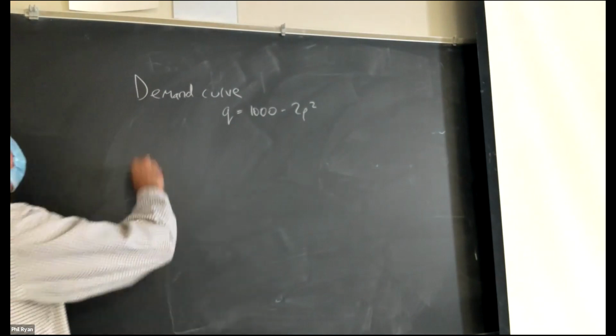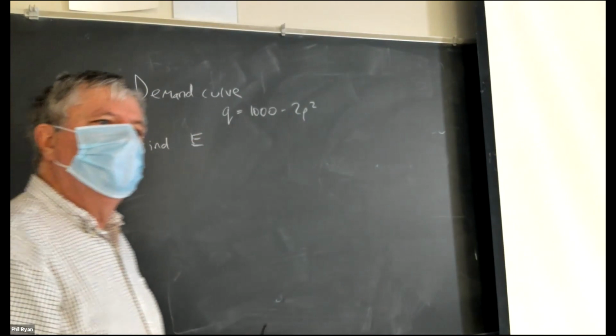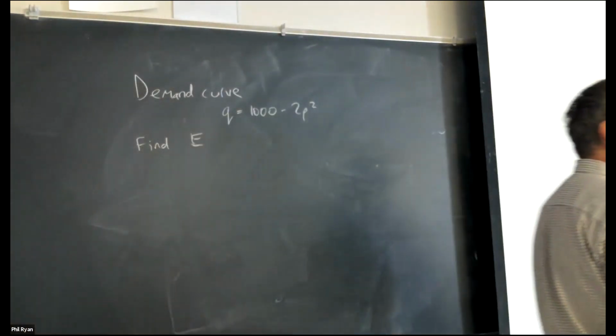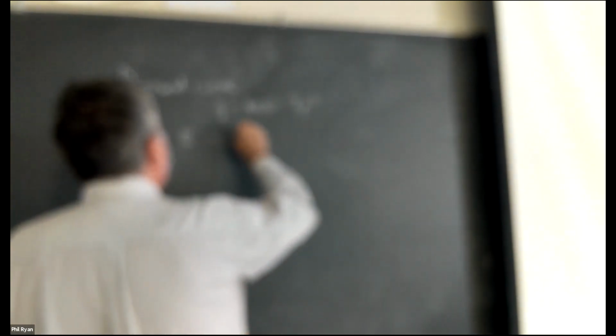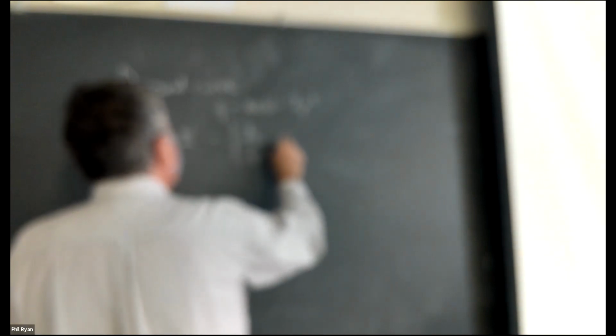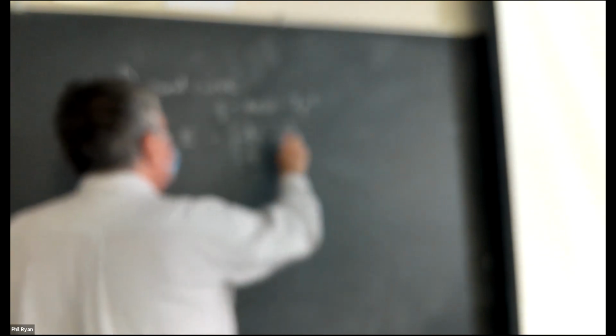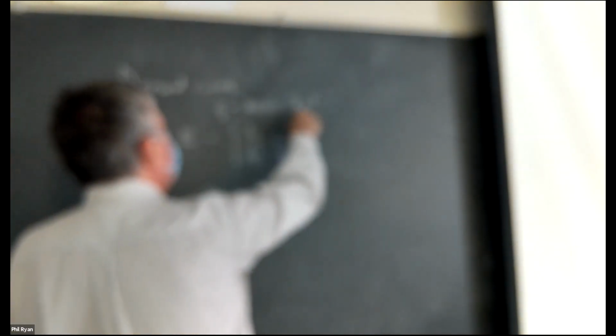So let's find E. Okay, so since we've given a formula for demand, we'll now have a formula for elasticity. Elasticity, remember, is dQ/dP times P divided by Q. So dQ/dP is what?